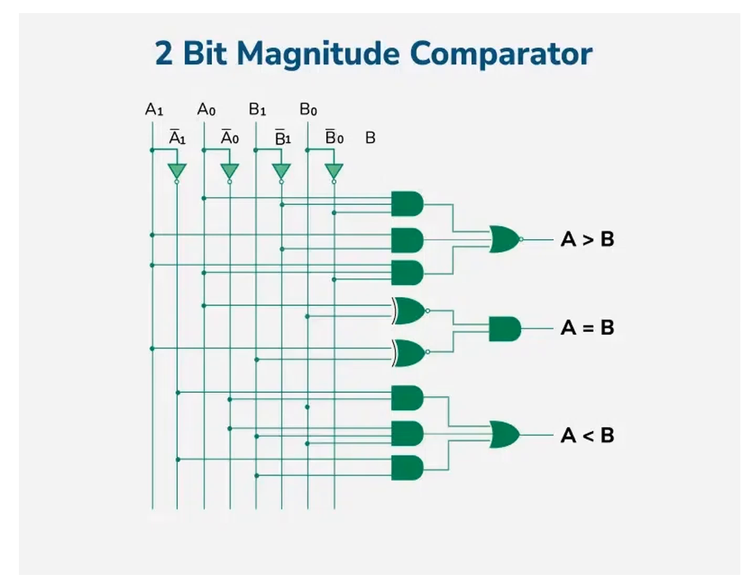The diagram represents a 2-bit magnitude comparator with inputs A taken as A0 A1 and B taken as B0 B1, and we have inverter, AND gate, XNOR gate and OR gate to obtain the outputs A greater than B, A equal to B as well as A lesser than B.